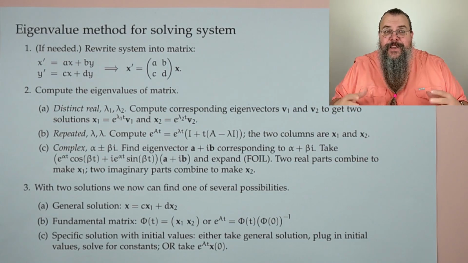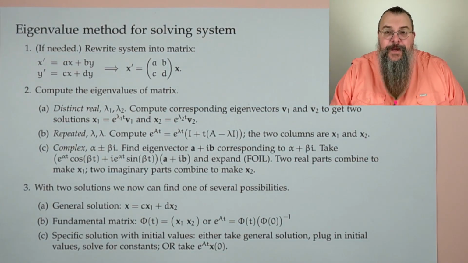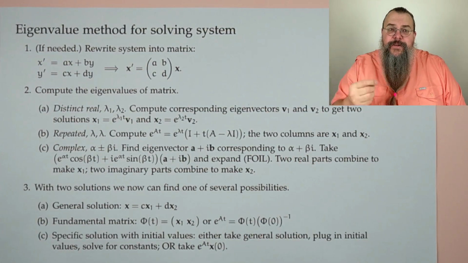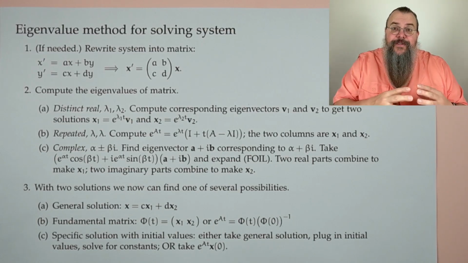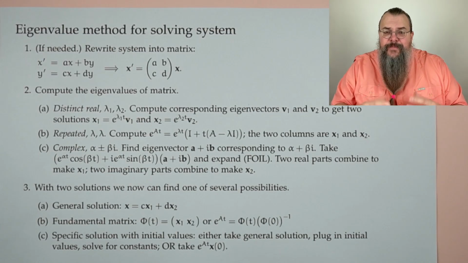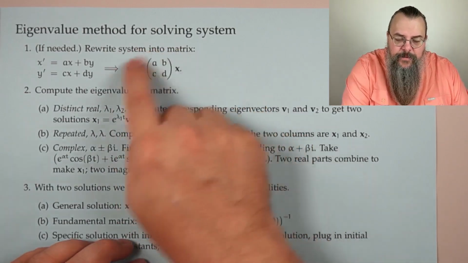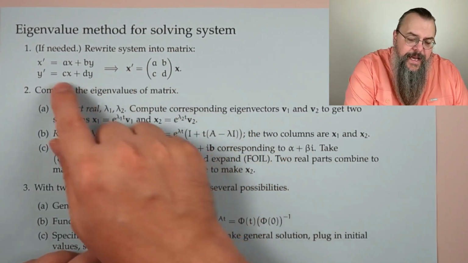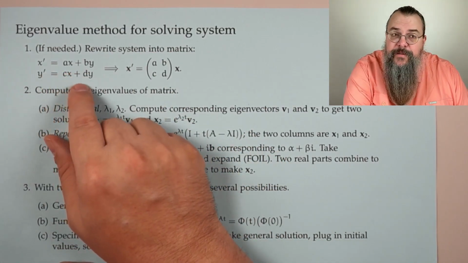All right. So this has a lot of information here. You kind of almost couldn't squeeze it all in, but let's just remind ourselves what we have. We want to use an eigenvalue method for solving a system. So what does that mean? Well, either we have a system given to us, x prime equals a matrix times x, where these are numbers, or we may have it written this way, x prime equals ax plus by, y prime equals cx plus dy.